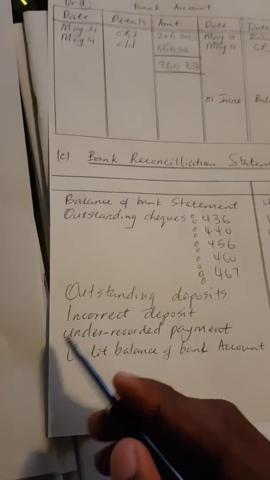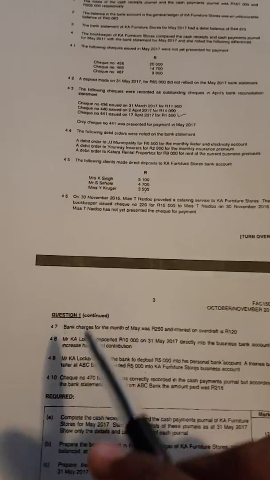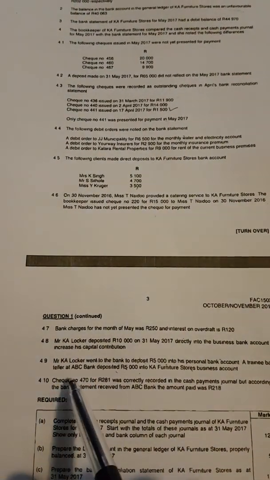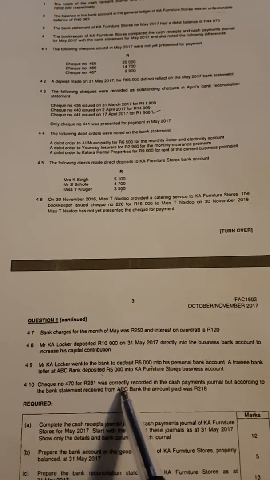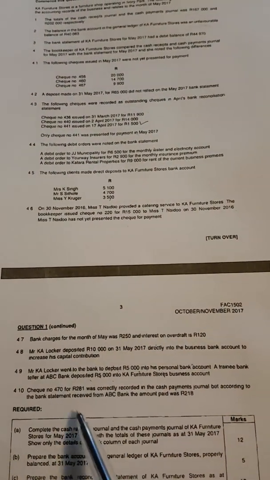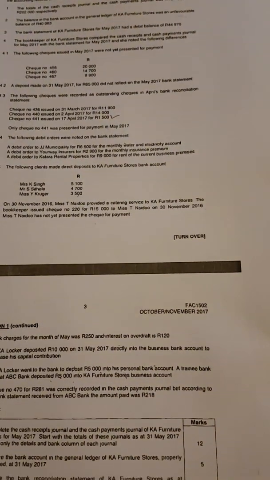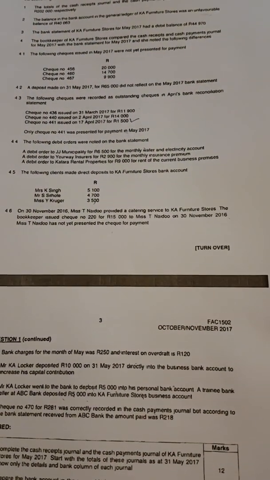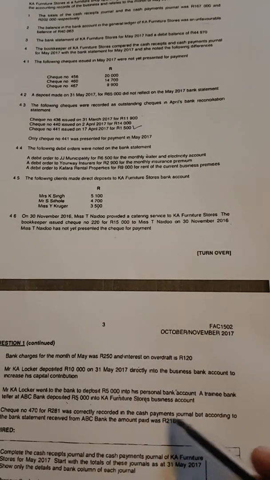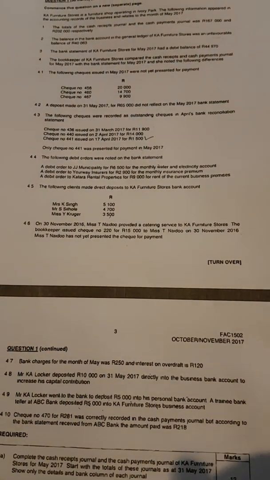We also have an under recorded payment. They said check number 470 was correctly recorded in the cash payment journal, but according to the bank statement received, this amount was under recorded as 218 instead of 281. So you need to rectify this in the bank statement.